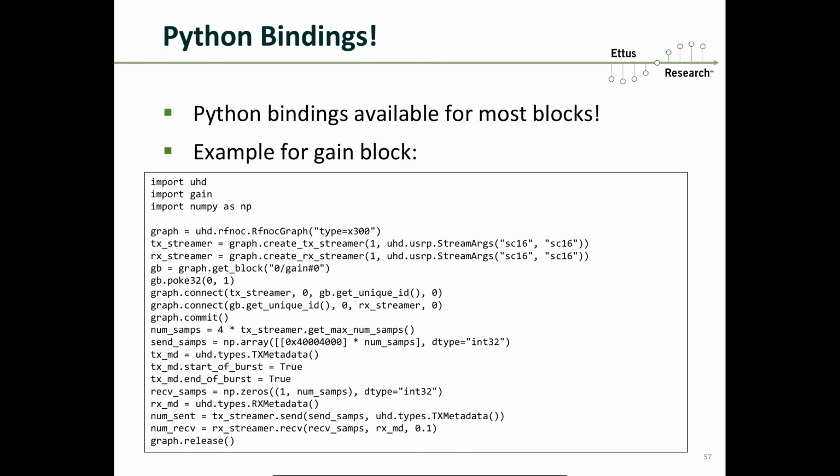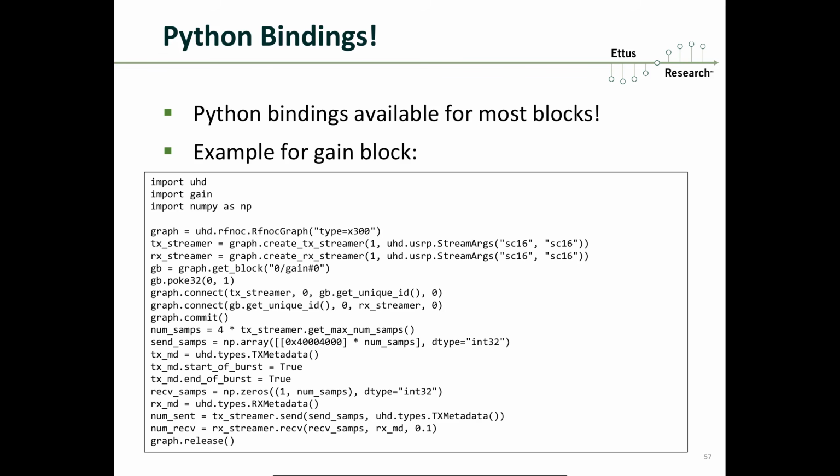I do have to say one thing about this though: we haven't managed to get rfnoc-modtool set up yet to generate these Python bindings for you automatically. So unfortunately, while we have the code here, the support for rfnoc-modtool generating the bindings automatically is coming, and so this code right now is just more for reference. You can't really use it with the gain block right now.